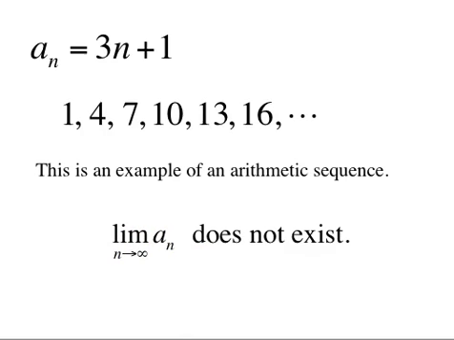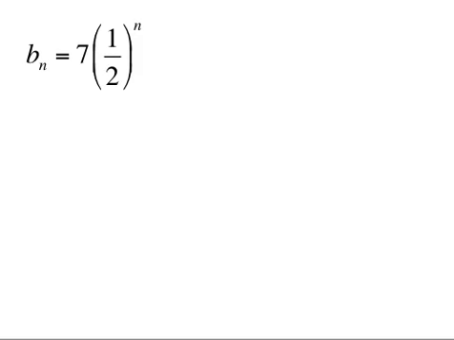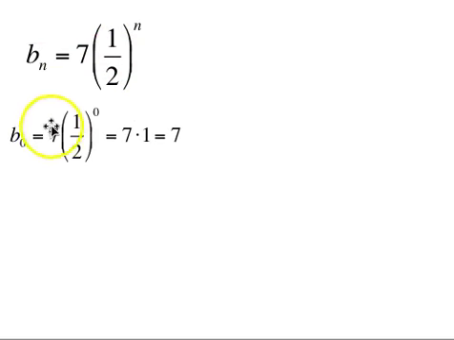Let's look at another example. b sub n is 7 times 1/2 to the n power. Starting with an n of 0, 7 times a half to the 0, 7 times 1 is 7.